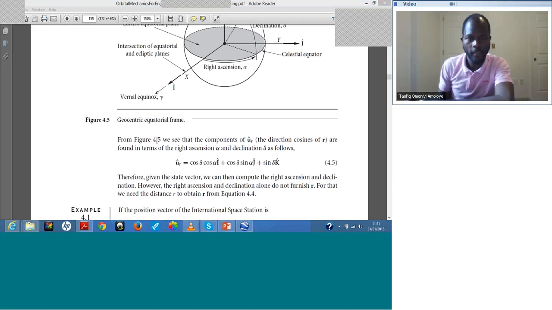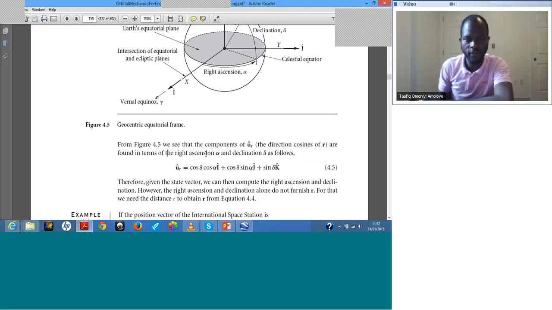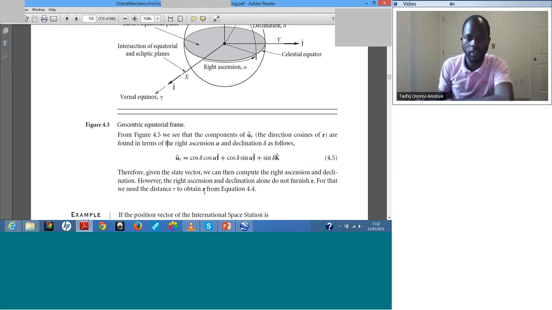So we just go on from figure 4.5, we see that the components of UR, the direction cosines of R, are found in terms of the right ascension alpha and declination delta as follows, the way that I've just shown you in my notebook here.